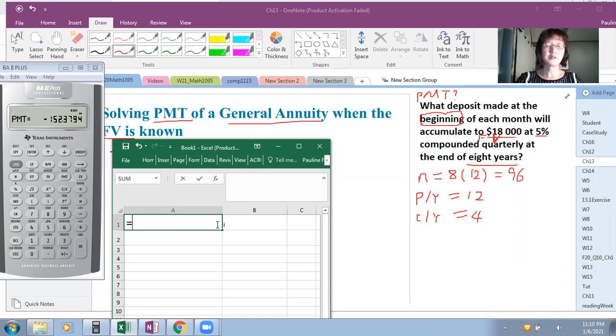So P equal to 1 plus I. I is 5% divided by 4, raised to power C. C equal to CY over PY. Then minus 1. This is P.